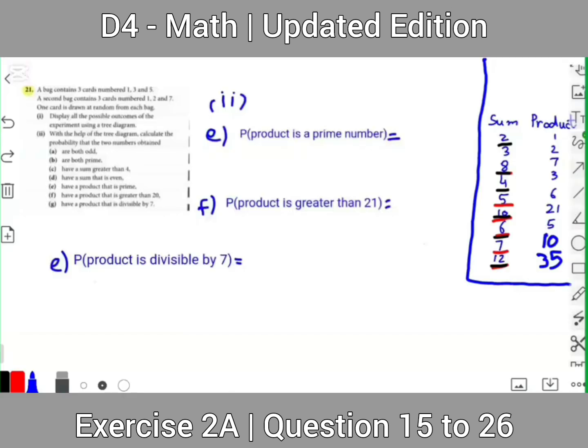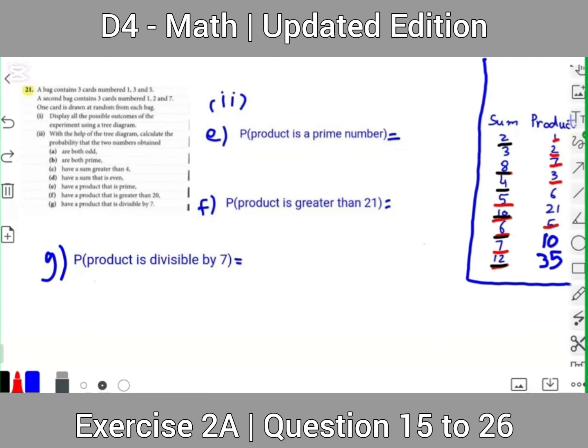Now in part E, we have to find out that the product is a prime number. So we have to mark the numbers in the product list that are prime. So we have 2, 7, 3, and 5.